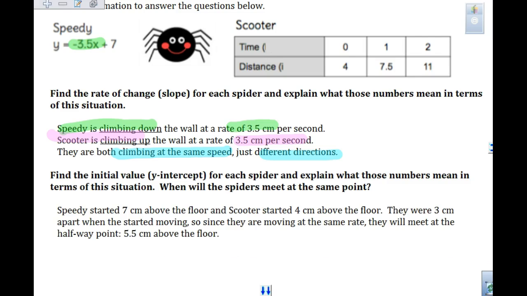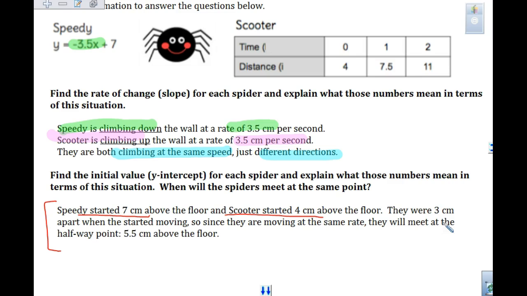And here's how we're going to find that. So what I want you to write down is this. Speedy starts at 7. Scooter starts at 4. They are 3 centimeters apart when they started. They're moving at the same rate. And so the question is where they are going to meet.